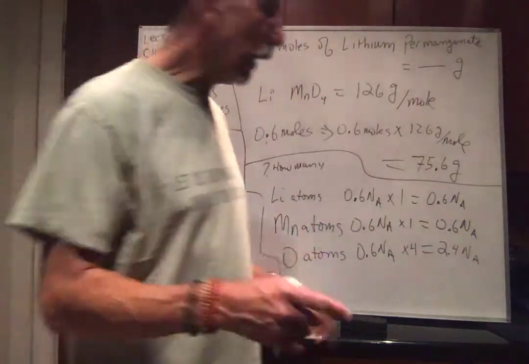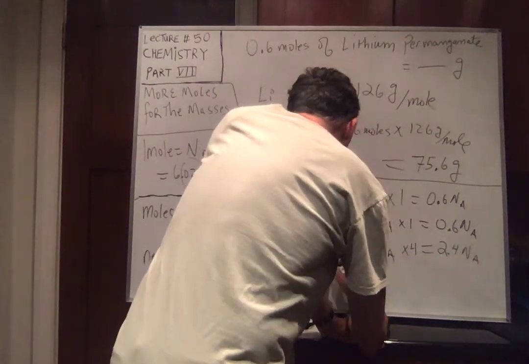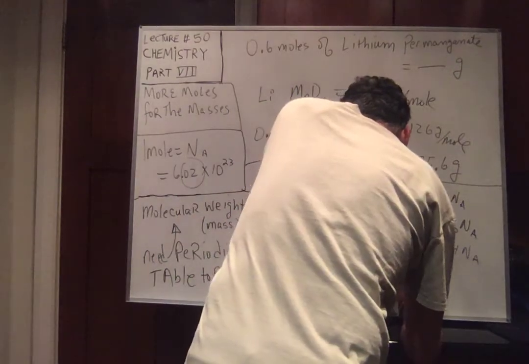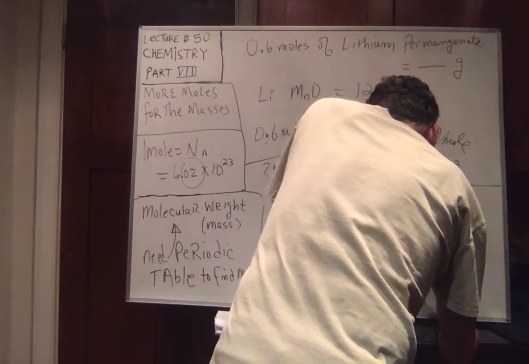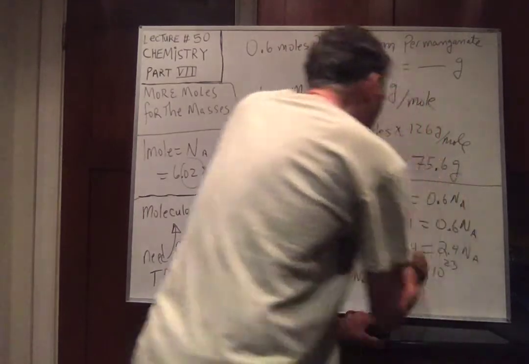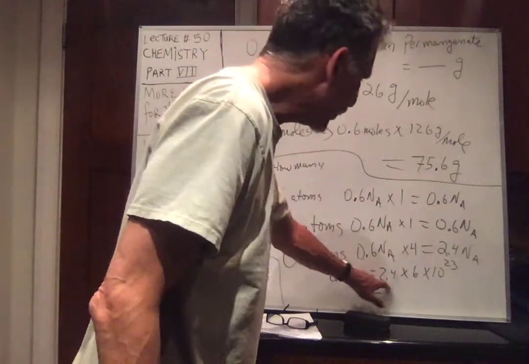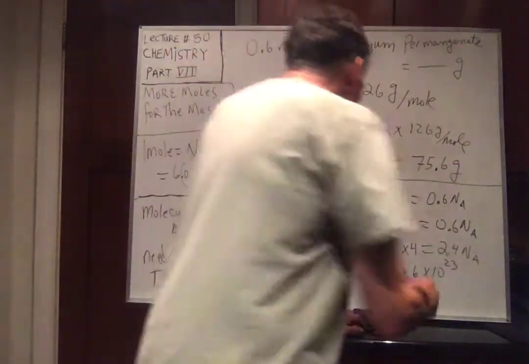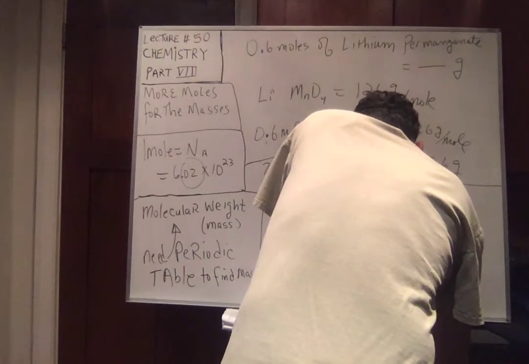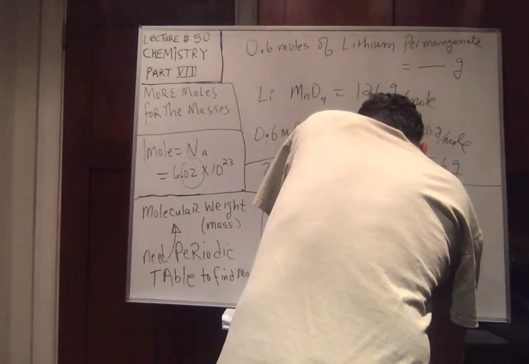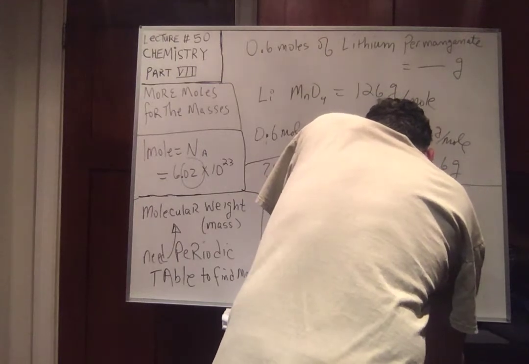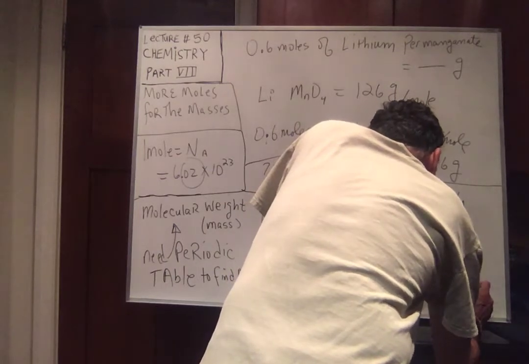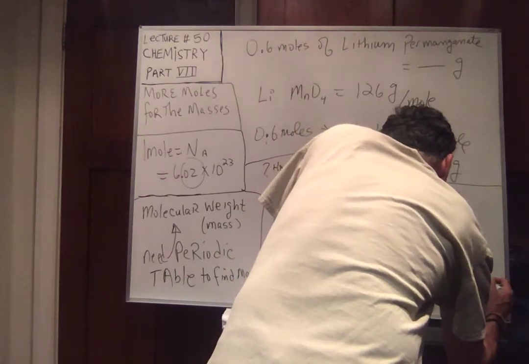Once again, don't forget, this 2.4 Na is the same as 2.4 times 6 times 10 to the 23rd. What's that equal to? 2 times 6 is 12. 0.4 times 6 is 2.4, so this should be 14.4 times 10 to the 23rd, which is the same as 1.44 times 10 to the, what?